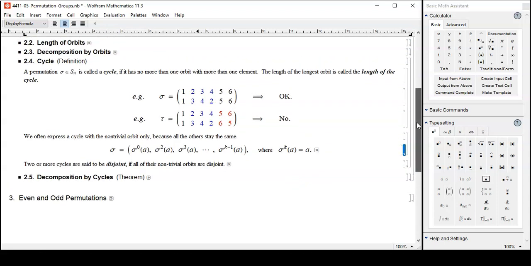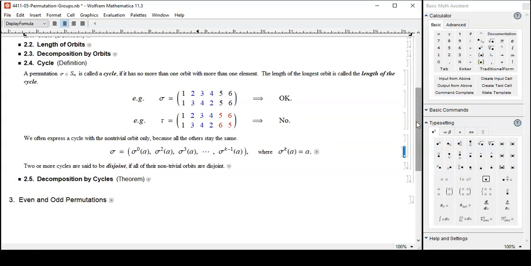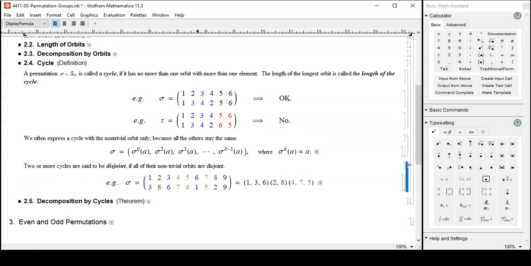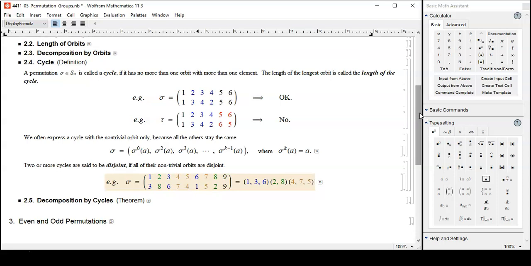Finally, 2 or more cycles are called disjoint if all their non-trivial orbits are disjoint. And here's an example. We have a permutation sigma, and 1 goes to 3, 3 goes to 6, 6 comes back to 1, and that's blue. 2 goes to 8, 8 goes to 2, and then we have a 2 cycle, green.